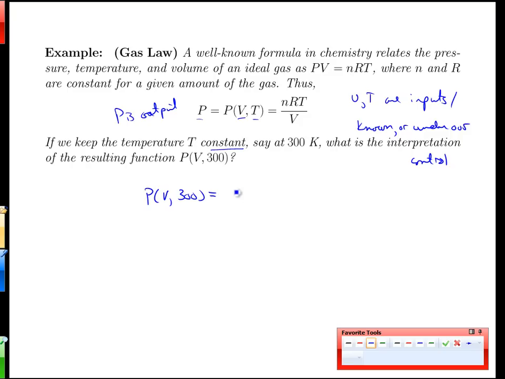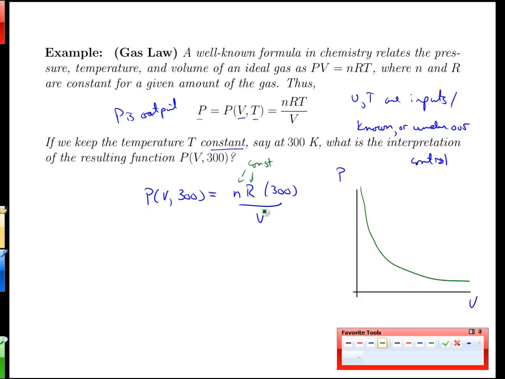Well, it's going to be simply nR times 300 over V. And that relationship of pressure versus volume is going to be an inverse relationship. Up here it's indicated that these are both constants, so we don't know them exactly, but we do know that there's going to be a relationship like so. Basically 1 over V, or a constant over V. And so we're going to get an inverse relationship.